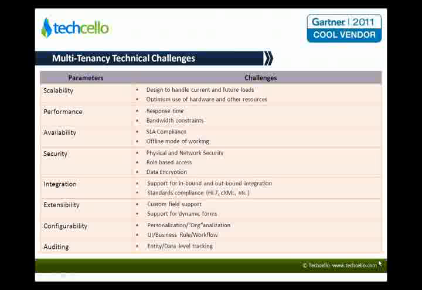Bandwidth constraints are another thing you'll have to think through if you have opened up your service layer or middle layer for integration, let's say. It's not just going to get hits from one tenant, but from all the tenants throughout, which means the bandwidth necessity is going to be extremely high.